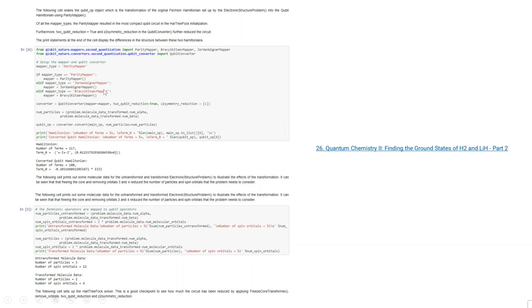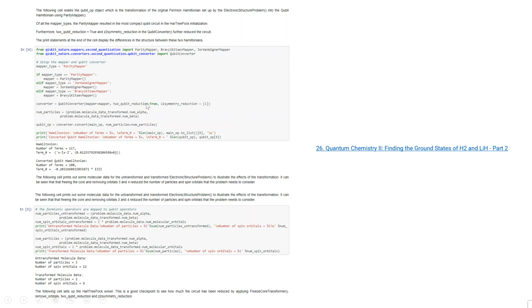And so you can see that in the original Fermionic Hamiltonian, we had 117 terms. The first term looked like this, expressed in this plus minus basis. When it's converted to a qubit Hamiltonian, it had 100 terms and looked like this.